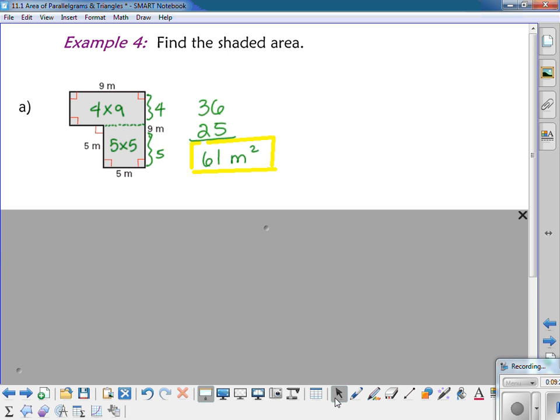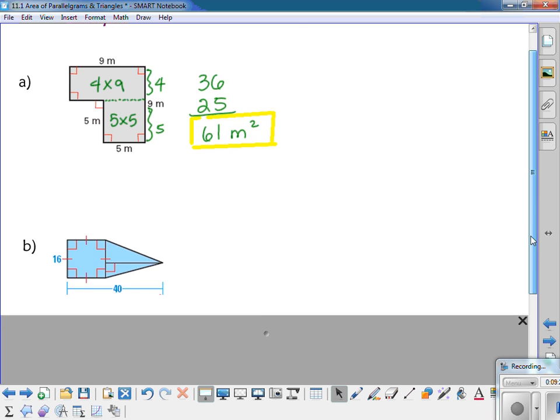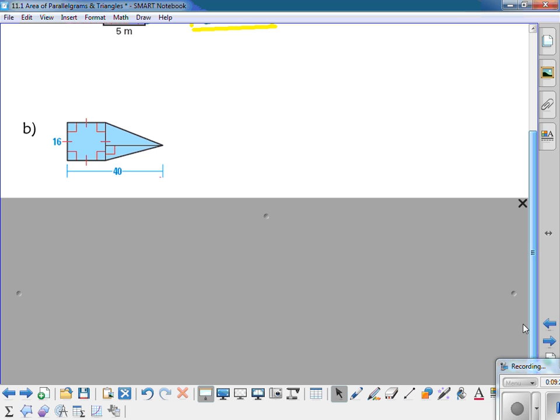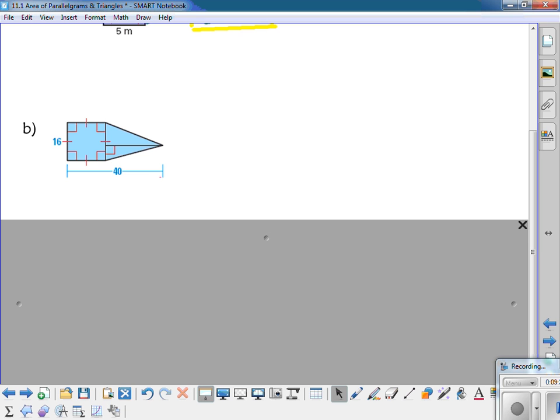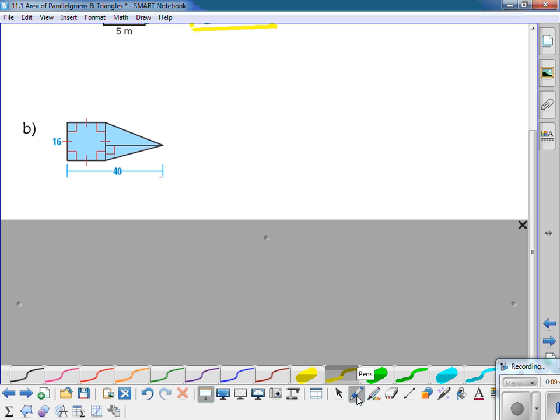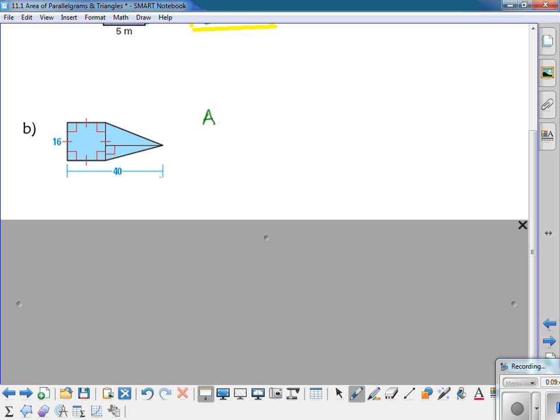All right, let's take a look at another one. Now I have a square and a triangle together. So I need to basically have the area of the square plus the area of the triangle.